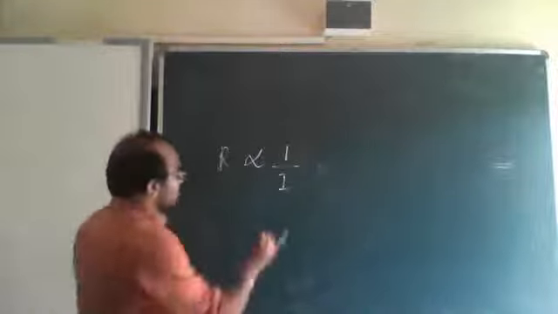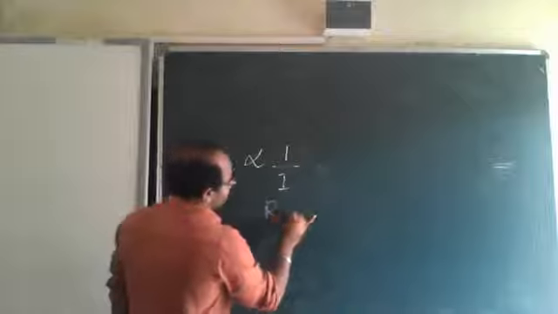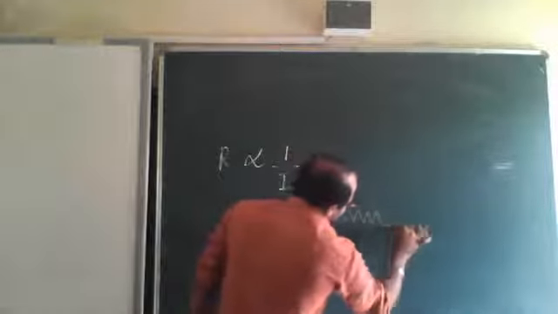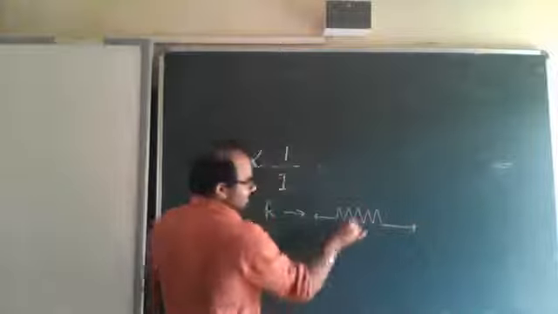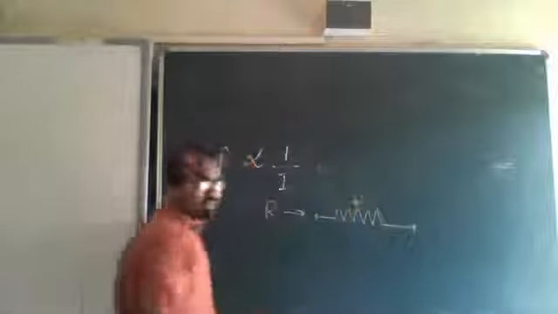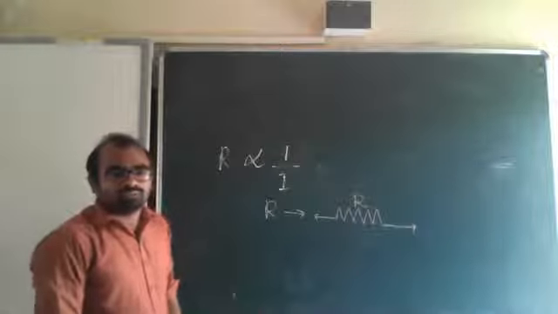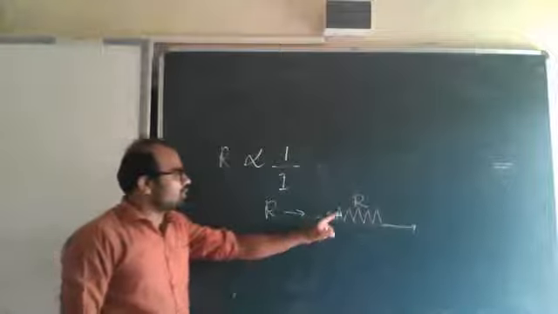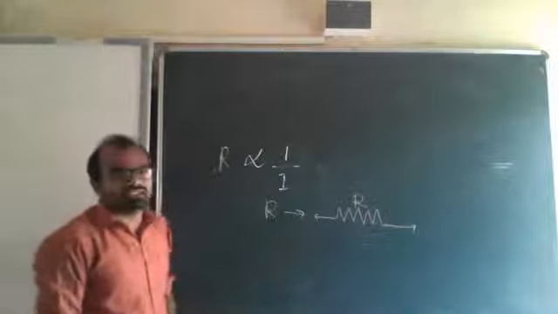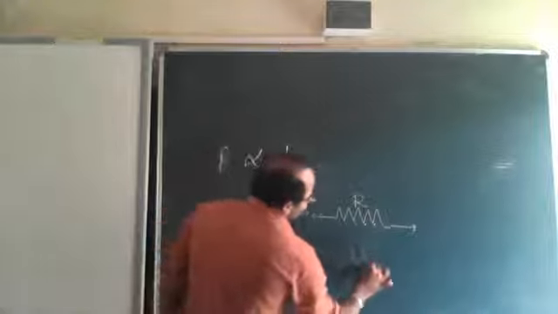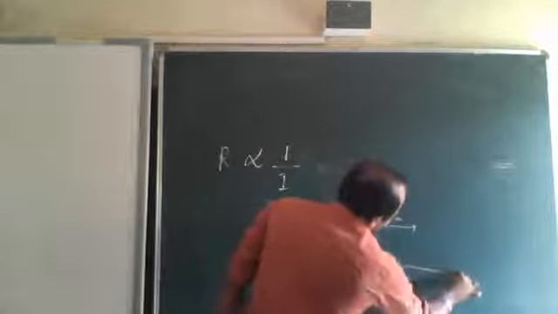Resistance, how is it represented? As already told in the electric circuit, resistance will be indicated like this. This is our resistor of resistance R. In this way, we represent the resistance. Another resistance will come, which we call a variable resistance.